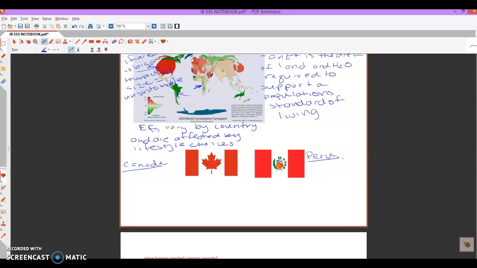So, what are the ecological footprints of these two countries? All right, so Canada, the ecological footprint per person is 5.4 hectares. In Peru, it is 0.9 hectares. So just by looking at these two numbers, who is being more sustainable? Obviously, it's Peru because they have a much lower footprint.